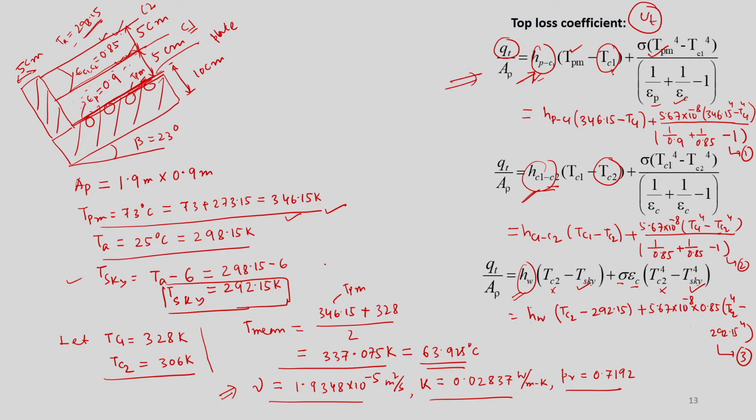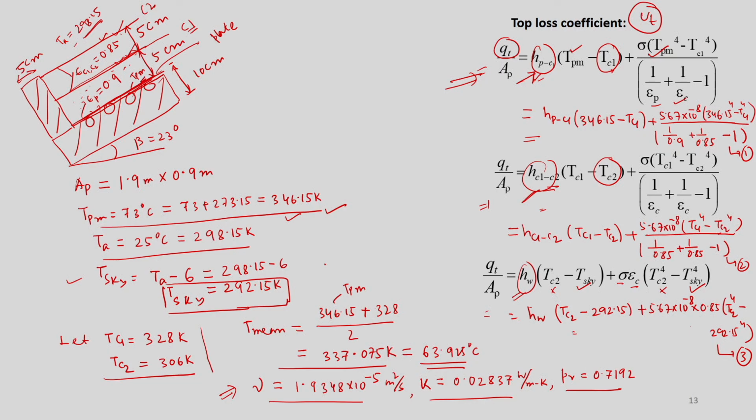Now we need to check the value of this expression, this expression, and this expression. If these values are not equal, then we have to come back here again and select two values of T c1 and T c2 which give approximately similar results for all these three equations.